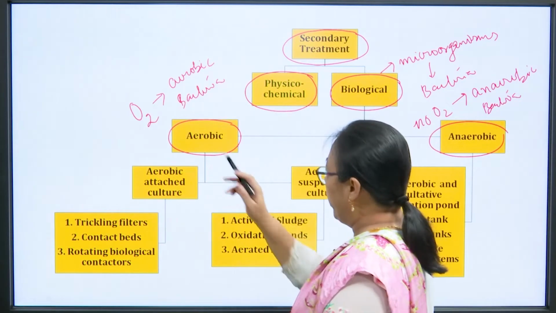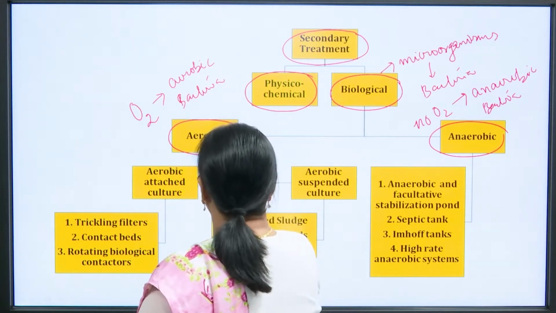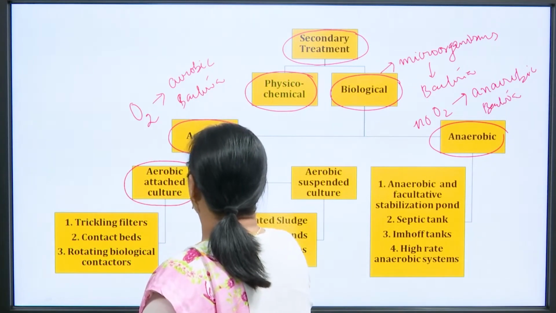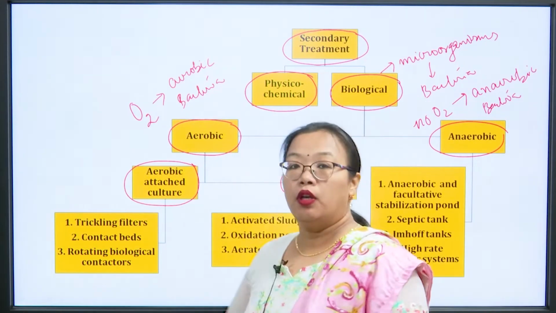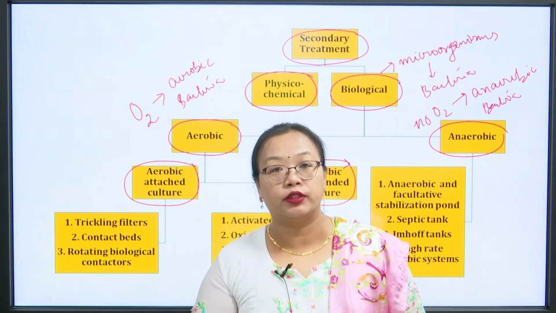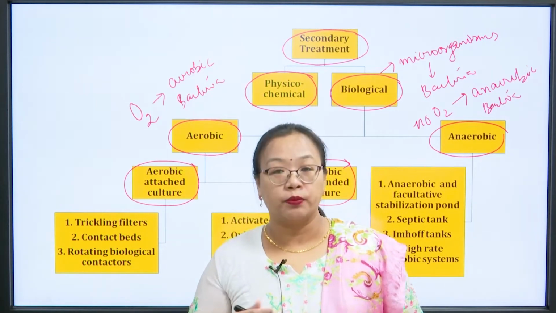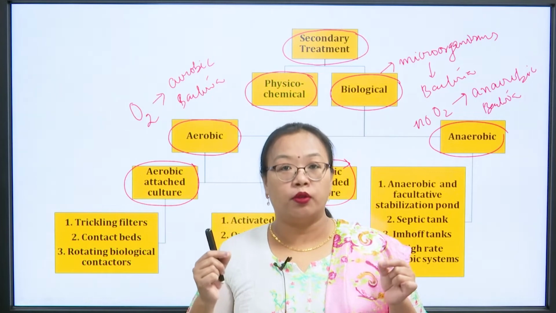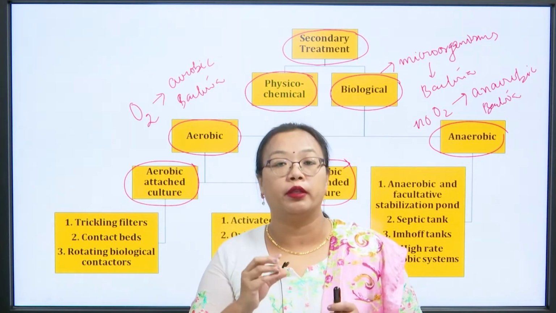Now coming to aerobic treatment, we can have either aerobic attached culture or aerobic suspended culture. The difference between them is that in aerobic attached, the microorganisms are going to be sticking on the filter media.